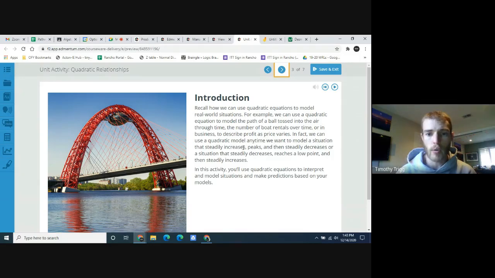In fact, we can use a quadratic model anytime we want to model a situation that steadily increases, peaks, and then steadily decreases, or a situation that steadily decreases, reaches a low point, and then steadily increases. In this activity, you will use quadratic equations to interpret and model situations and make predictions based on your models.